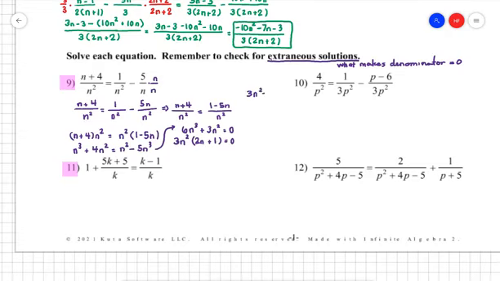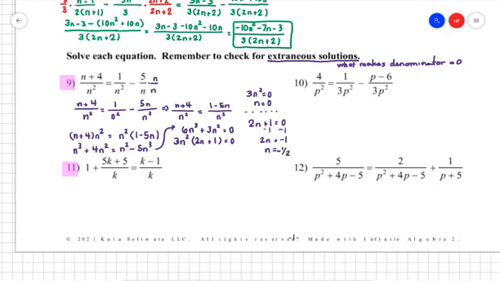So 3n squared equals 0 will mean n equals 0. If you want to work that out, you can. Then 2n plus 1 is equal to 0, and n is equal to negative 1/2.